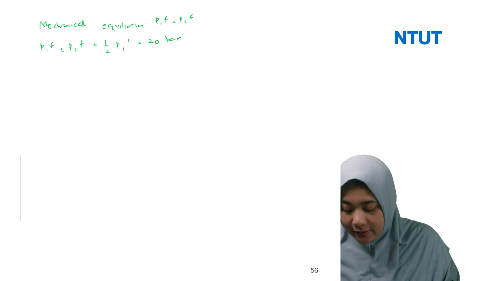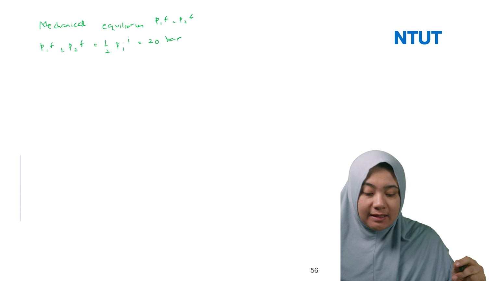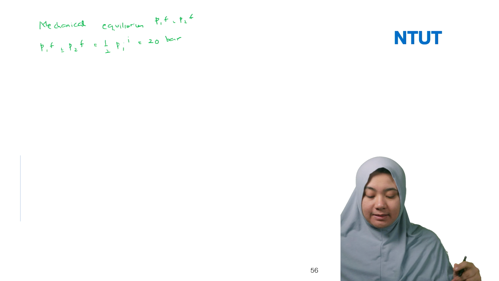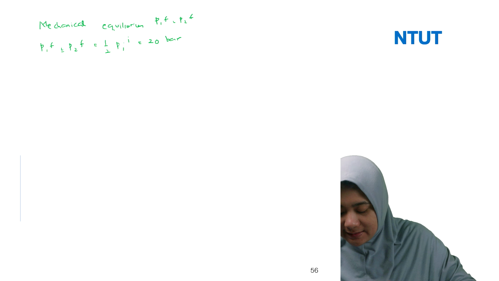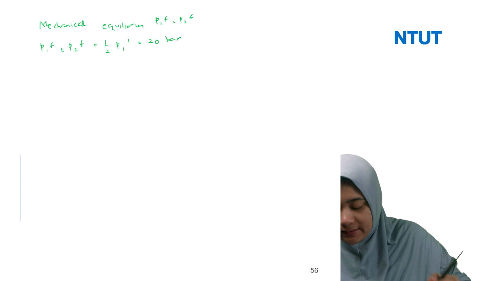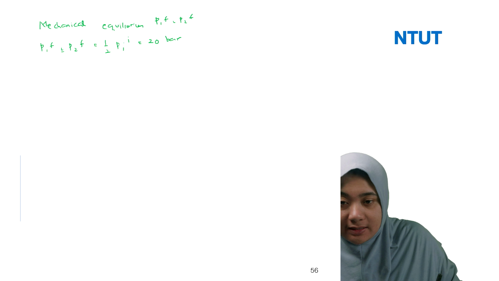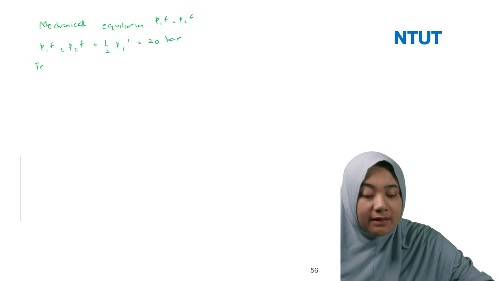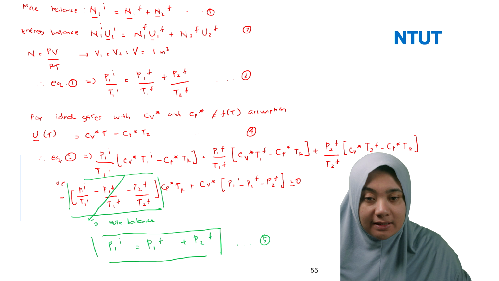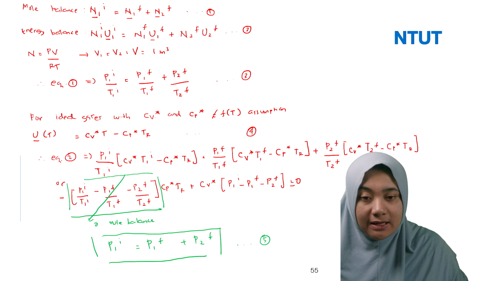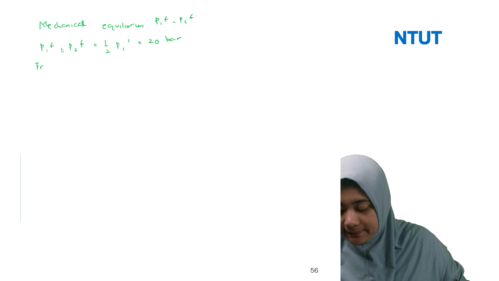And then the temperature is special, because we cannot make the temperatures equal from the mechanical energy balance. So it means that we need to solve for the temperature. From equation 3, if you still remember, we can use this equation 3 to calculate the temperature.